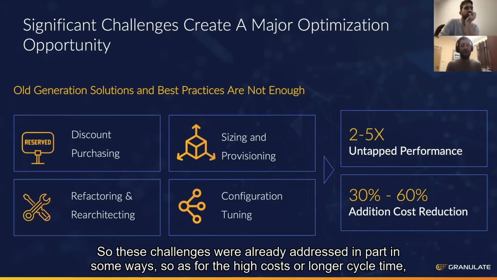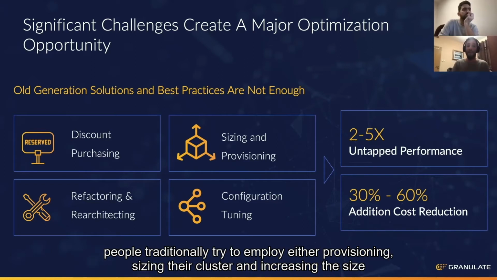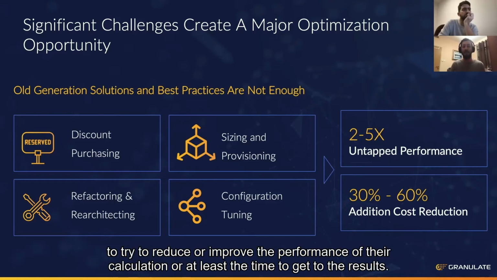So these challenges were already addressed in part in some ways. As for the high costs or longer cycle time, people traditionally try to employ provisioning, sizing the cluster, increasing the size to try to improve the performance of their calculation, or at least the time to get the results.